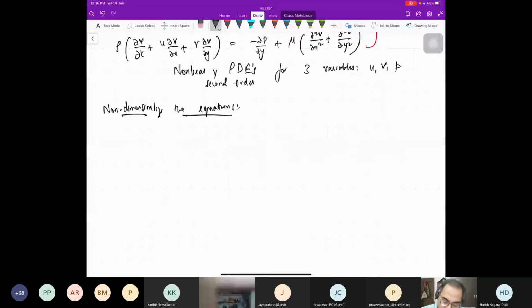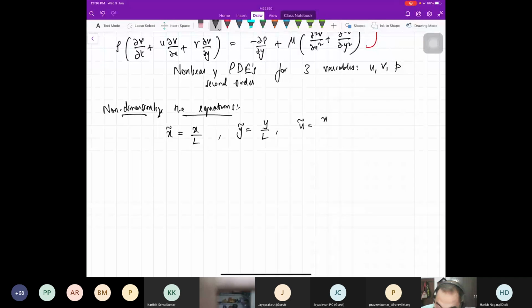So I'll say x tilde is x by L, y tilde is y by L, u tilde is u by capital U, v tilde is v by capital U. I will call it UC, so that it's a characteristic velocity.